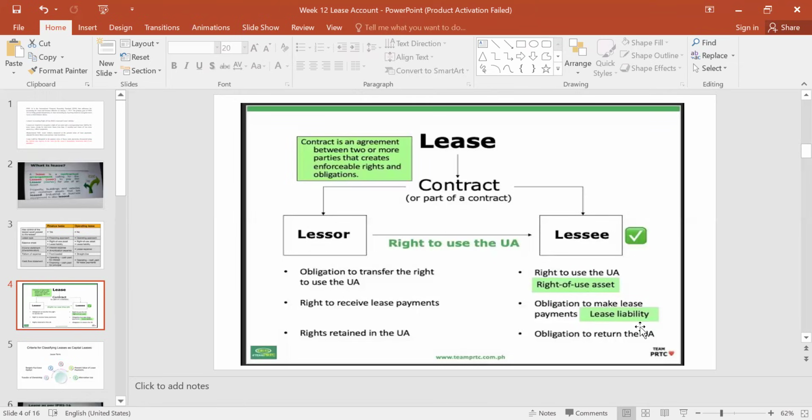Obligation to make lease payment: lease liability. Right to rental of the UA, obligation to return the UA. UA means used asset. These are some similarities and dissimilarities about the lease.